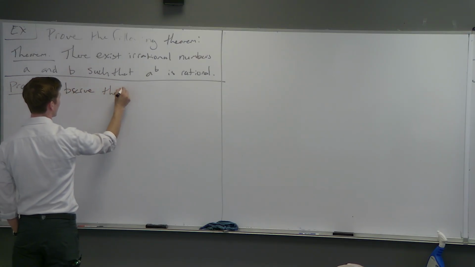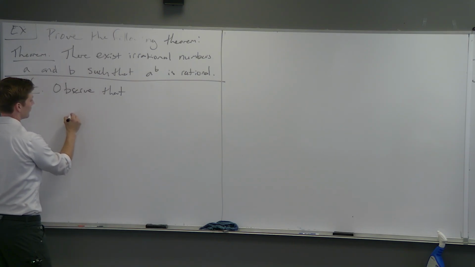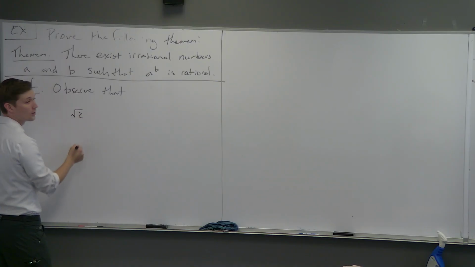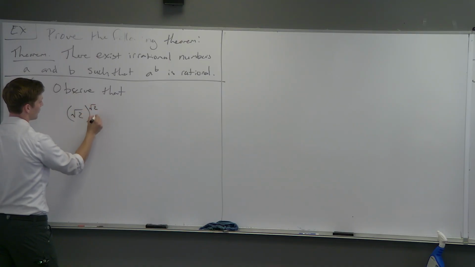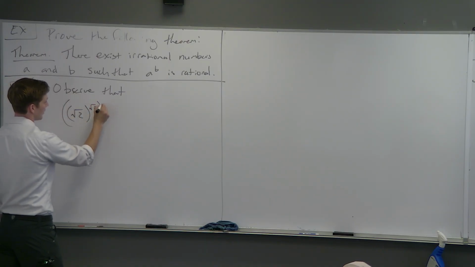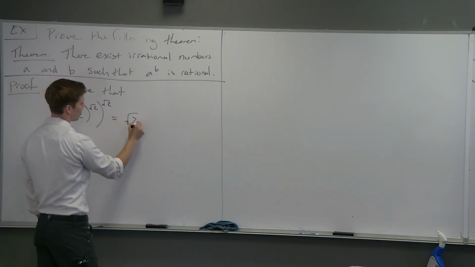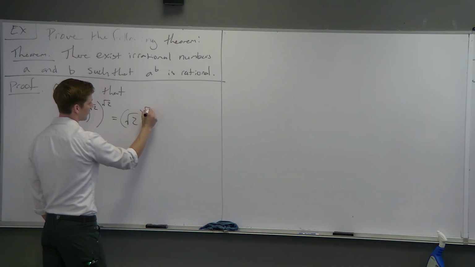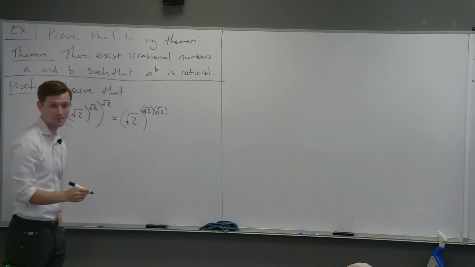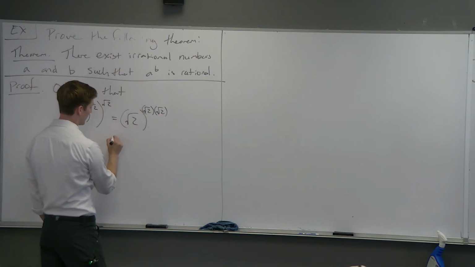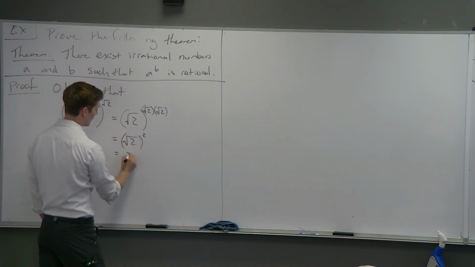Observe that we have square root of 2 to the square root of 2 to the square root of 2. This is equal to the square root of 2 to the power of the square root of 2 times the square root of 2. Do you agree with that? And this is in fact equal to the square root of 2 squared, which is equal to 2.